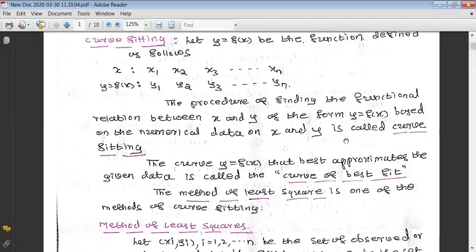The curve y equal to f of x that best approximates the given data is called the curve of best fit. There are many methods of curve fitting, and one of them is the method of least squares. First, let us discuss what this method of least squares is.